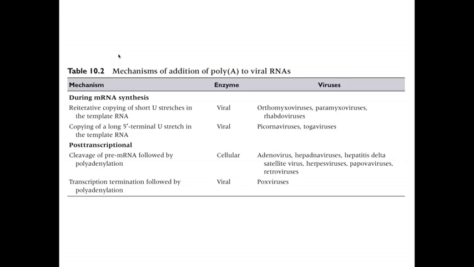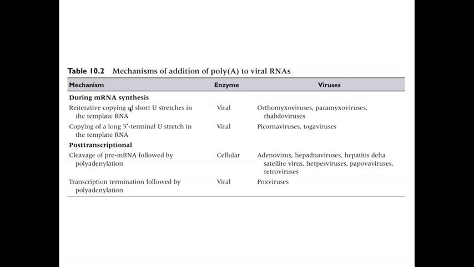When we talked about RNA synthesis, we discussed how viral mRNAs produced from RNA genomes are polyadenylated. That's summarized in this table, which shows how poly-A is added to RNAs produced from RNA or DNA genomes.